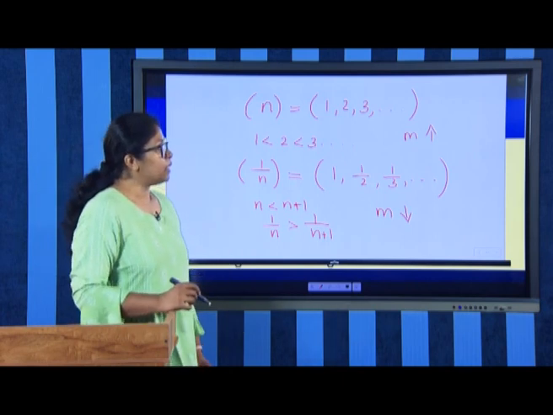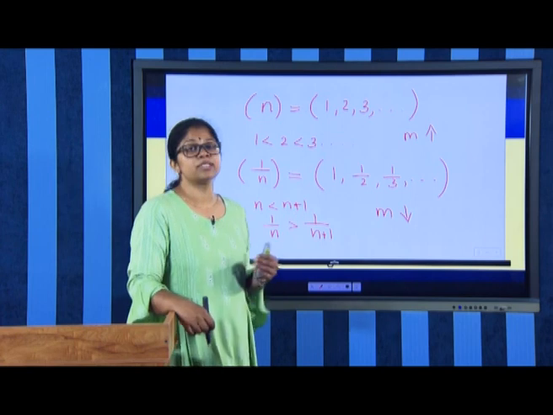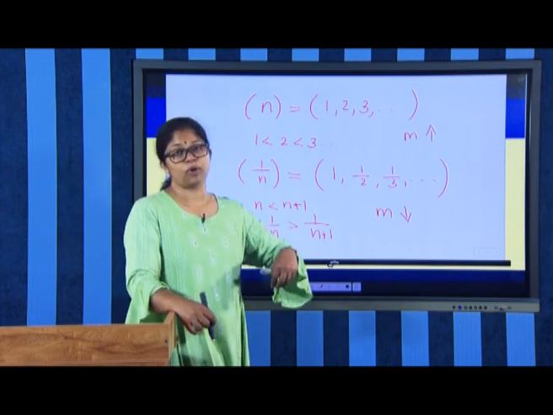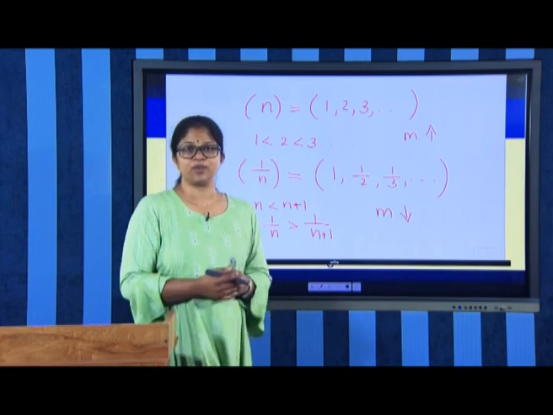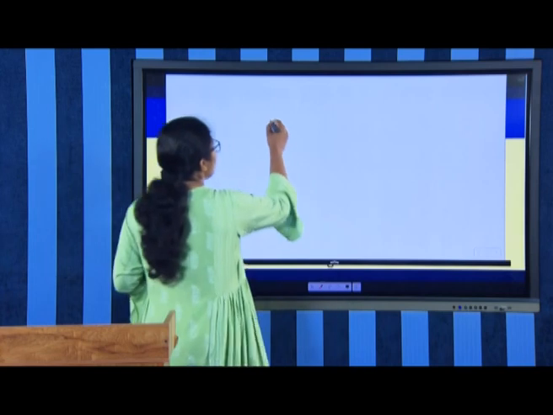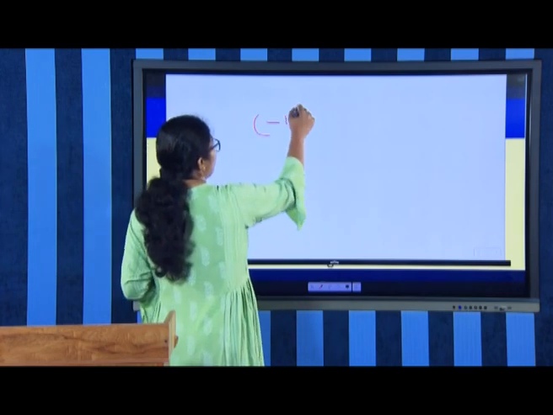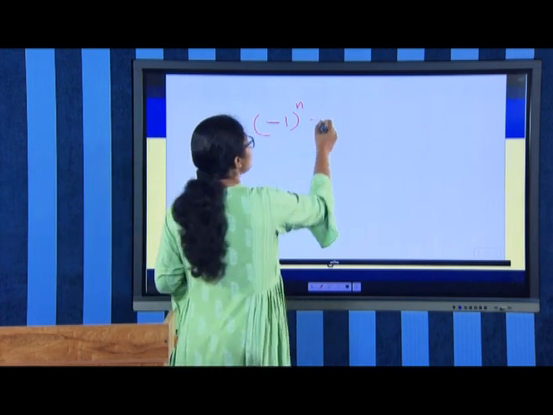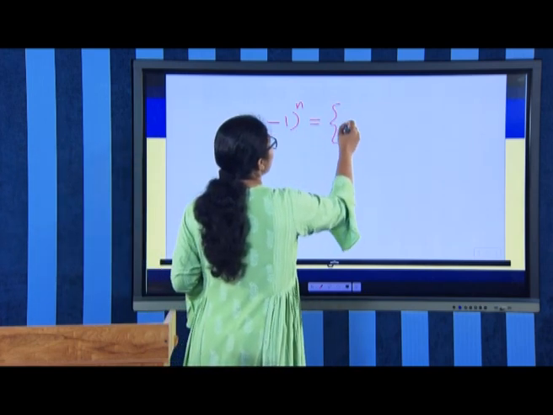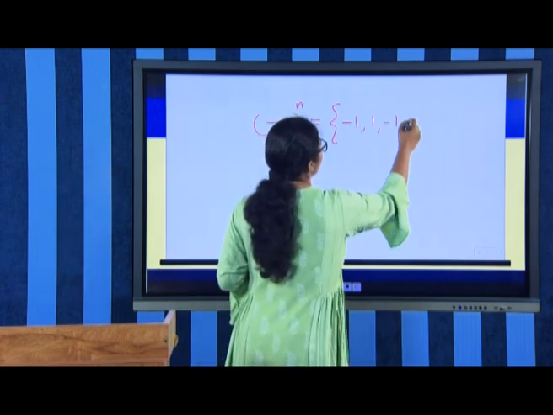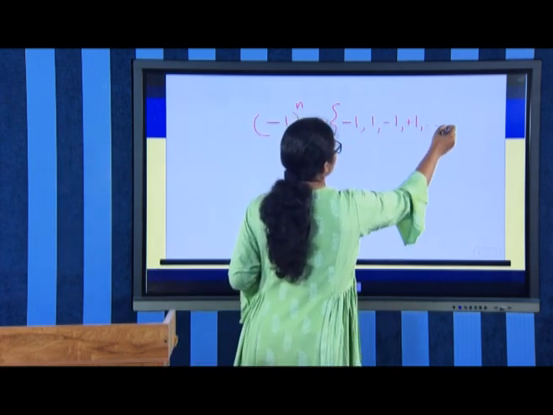Does there exist some sequences which are neither monotonic increasing nor monotonic decreasing? Yes, of course. For example, negative 1 to the power n, which we discussed in the previous session, is the sequence of elements negative 1, 1, negative 1, 1 and so on.